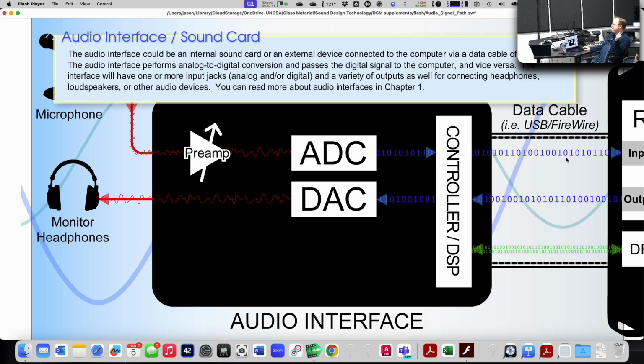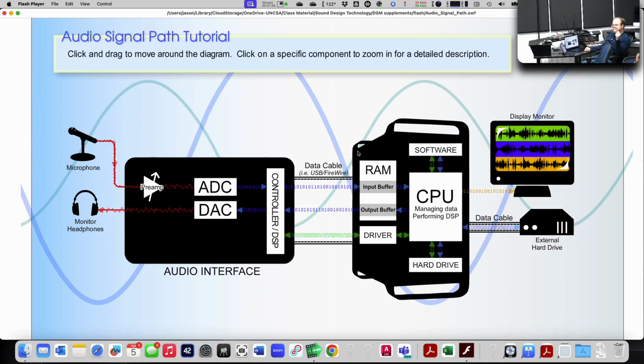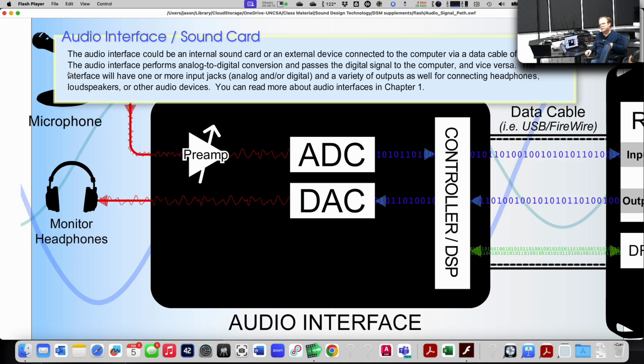Yes. Quick question. I know some people sell a Blue microphone that's USB. Does it have that converter inside of it? Yep. This audio interface box that's represented here, they cram that box into the mic itself.